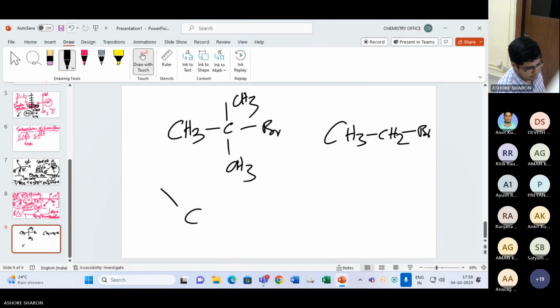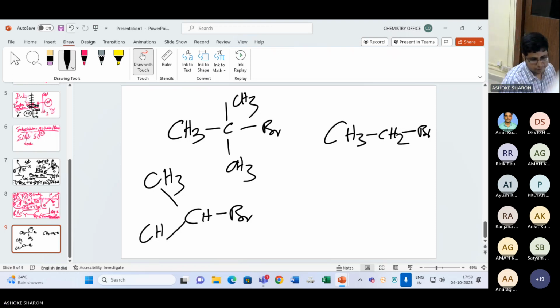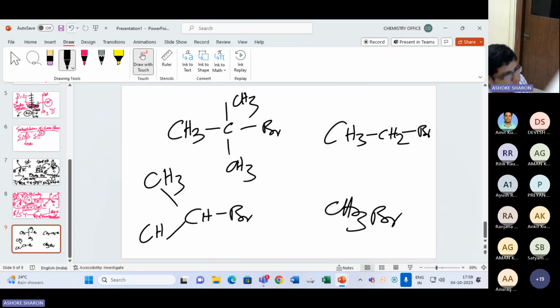CH3, CH3, HBr and CH3Br. So I have given 4 compounds. This is compound number 1, compound number 2, compound number 3, compound number 4.